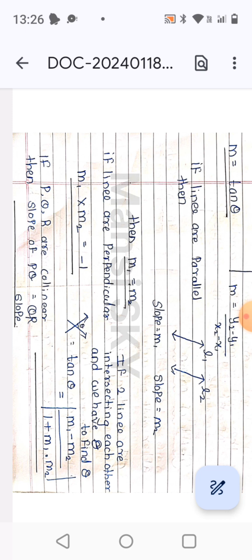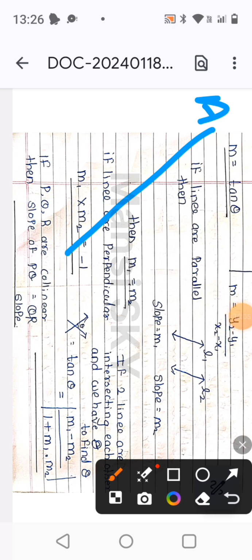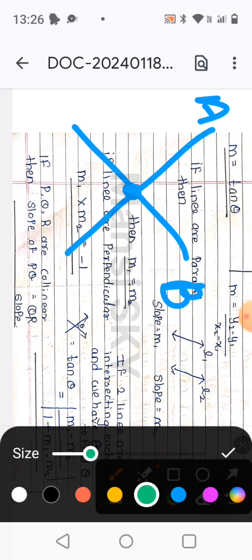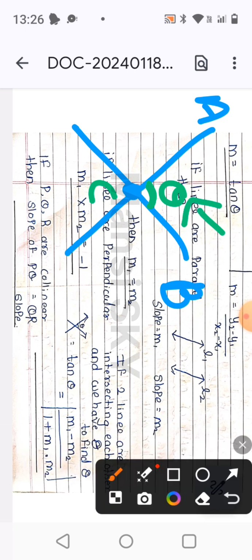Then if we have two lines intersecting each other, if we are given two lines, line A and line B, and they are intersecting at some point C, and we are given the angle theta which is made here, and we have to find this angle theta, then the formula will be tan theta is equal to modulus of m1 minus m2, that is slope of line 1 minus slope of line 2, divided by 1 plus the product of the slopes of both lines, which is m1 minus m2 upon 1 plus m1 into m2.